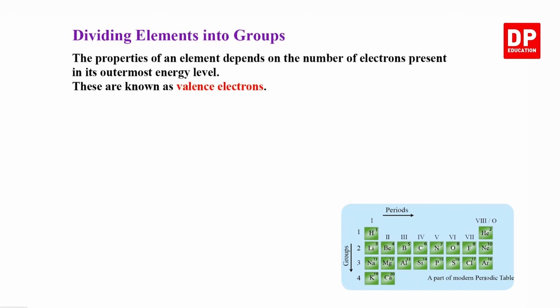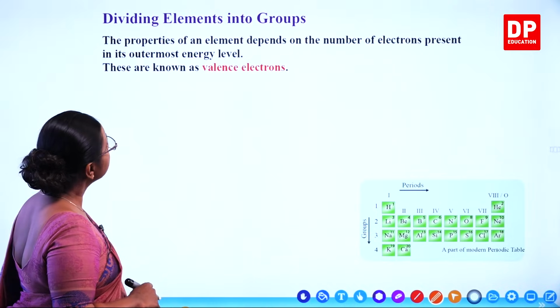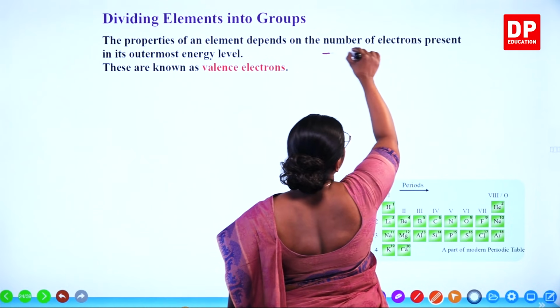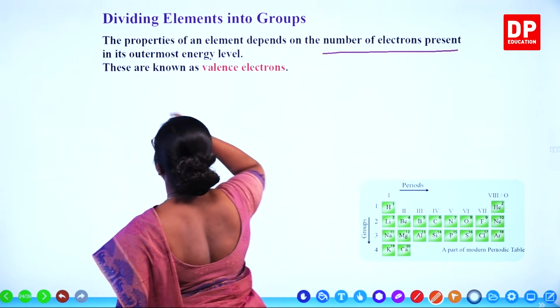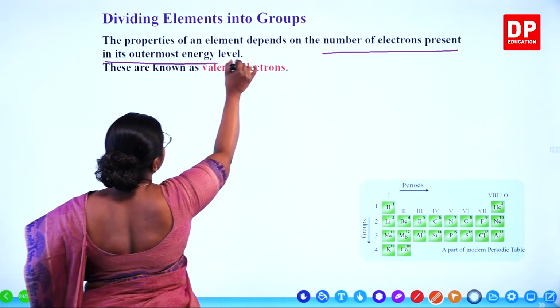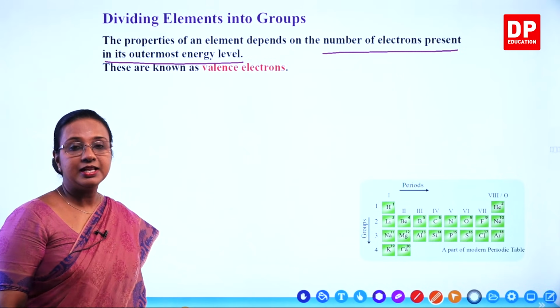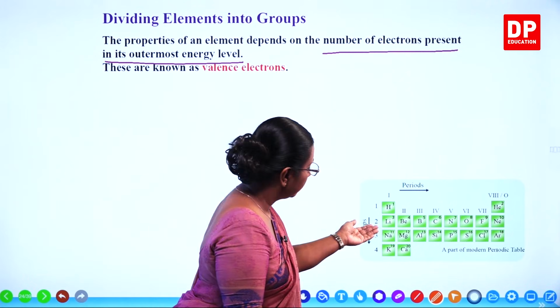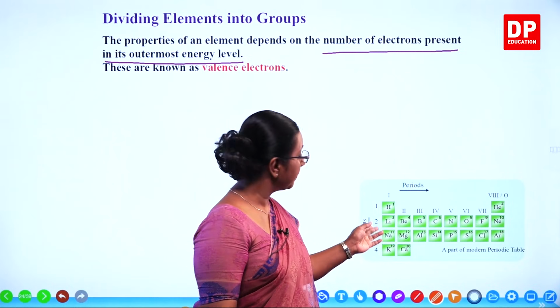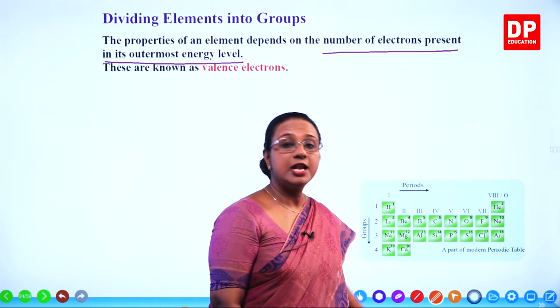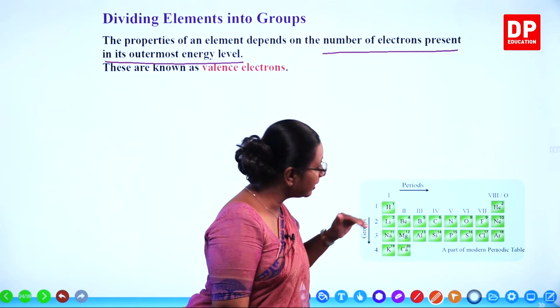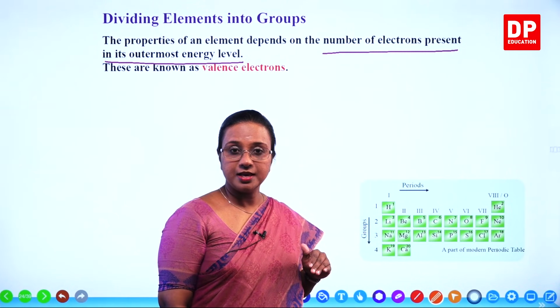Dividing elements into groups. The properties of an element depends on the number of electrons present in its outermost energy level. You saw that these elements, for example, lithium to neon, they are there in the second period of the periodic table.